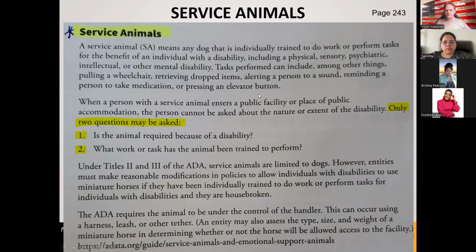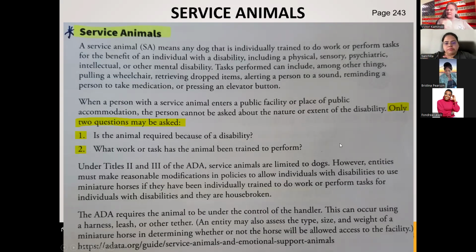When a person with a service animal enters a public facility or a place of public accommodation, the person cannot be asked about the nature or extent of their disability. Only two questions can be asked. Is the animal required because of a disability? And what work or task has the animal been trained to perform?